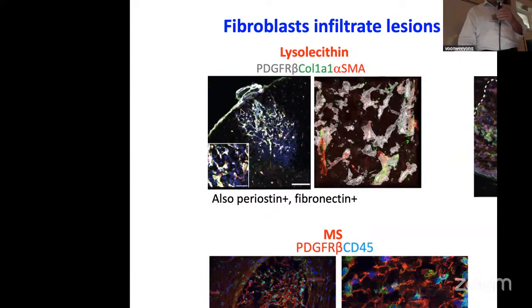So they are in lysolecithin lesion. Here's the blow up. They are also in EAE lesion, and you can also see these in lesions of MS as well. So they infiltrate into the CNS parenchyma.